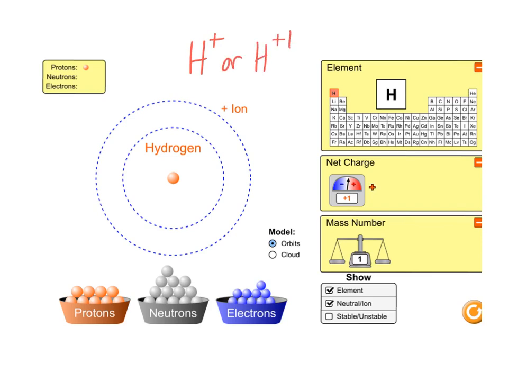That's the chemical symbol for a hydrogen ion. So we see here that there is a proton in the nucleus, but there's no electron in order to balance that proton's charge, and so what results is a hydrogen ion, an H+1 ion.